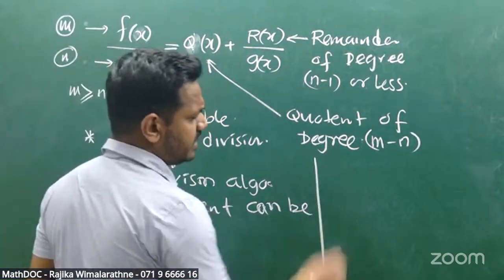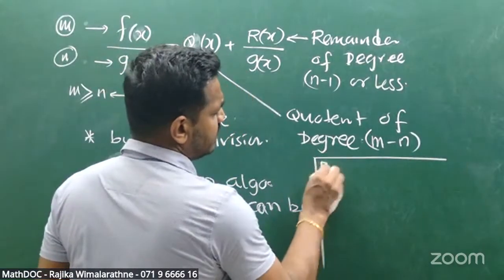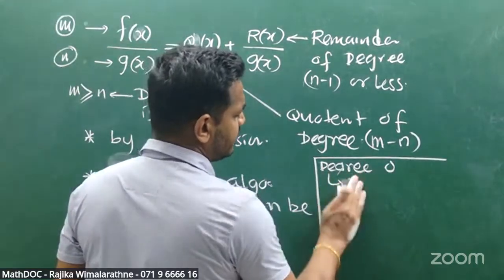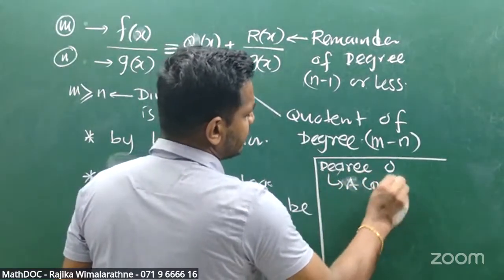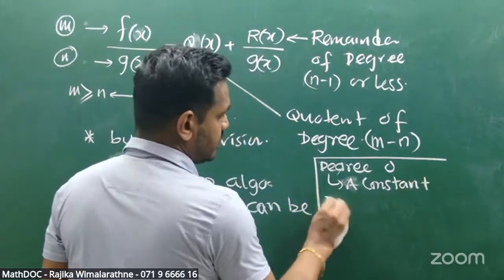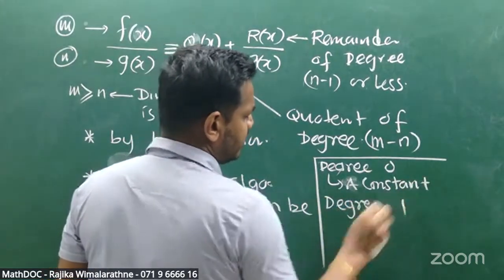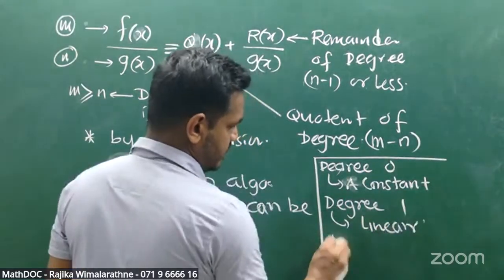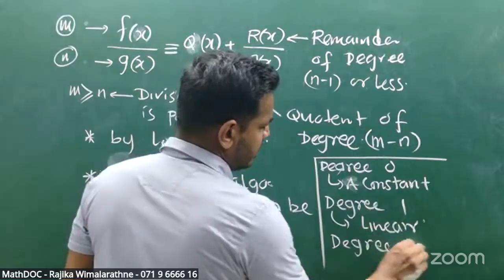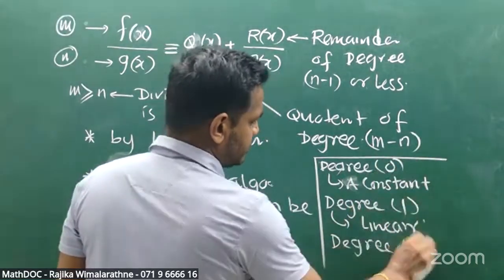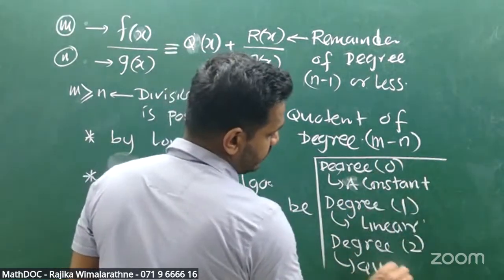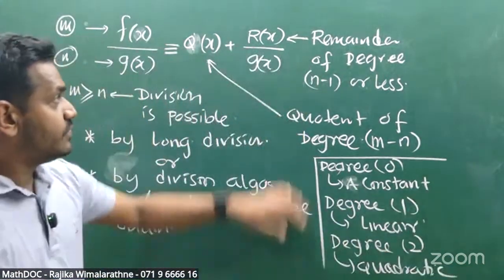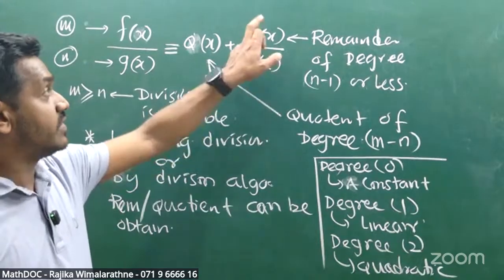So here one important thing: degree 0, a constant. Degree 1, linear. Degree 2, we call quadratic. So if we have a linear relation, the remainder will be constant.